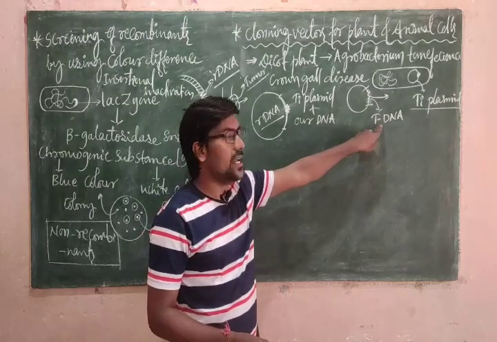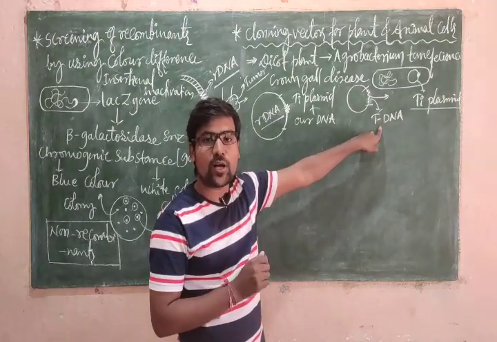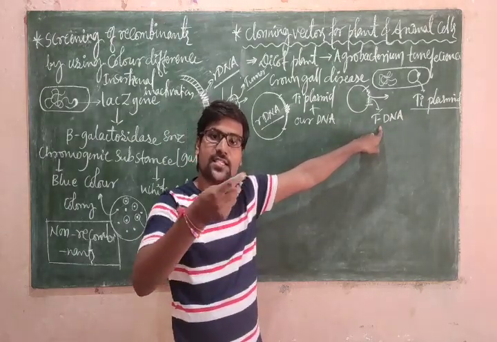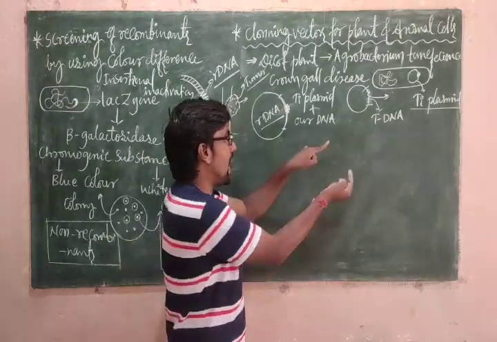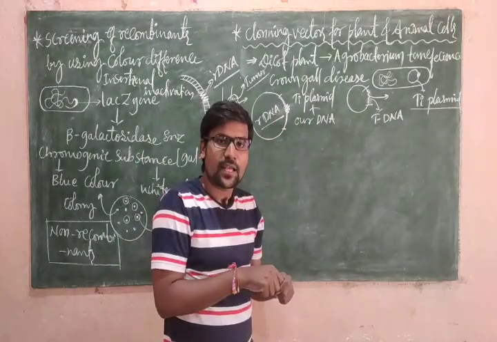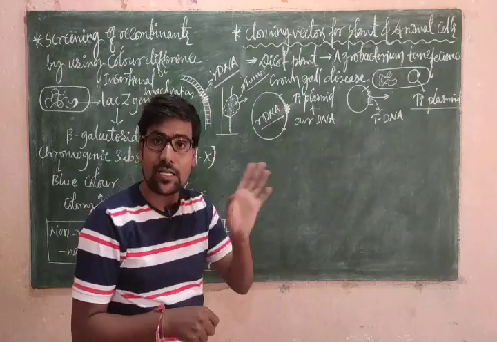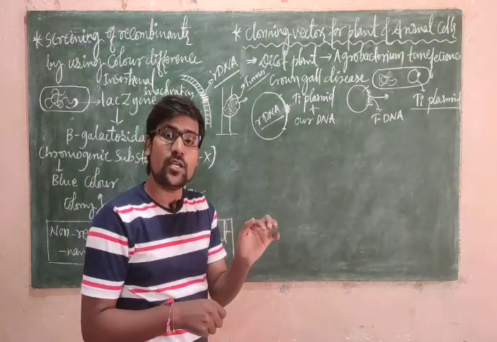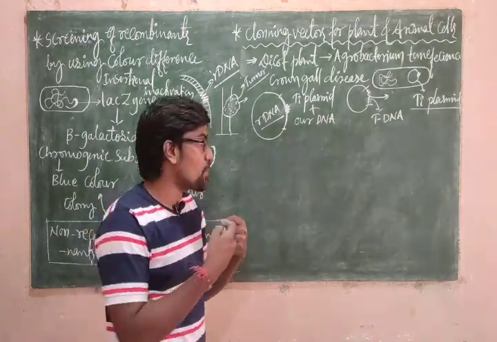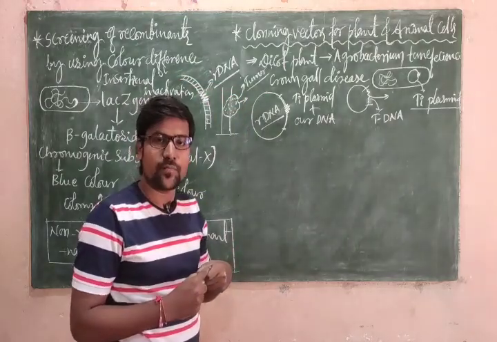But the tDNA now is not dangerous. Why? Because in the tDNA the dangerous genes we have removed and our genes we have added. That means crown gall is not formed, but actually our interested products are produced from the plant body.